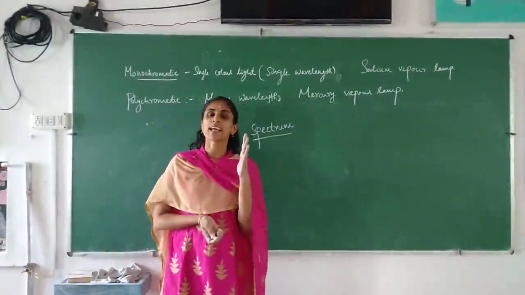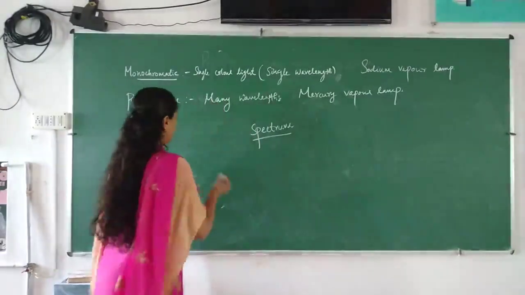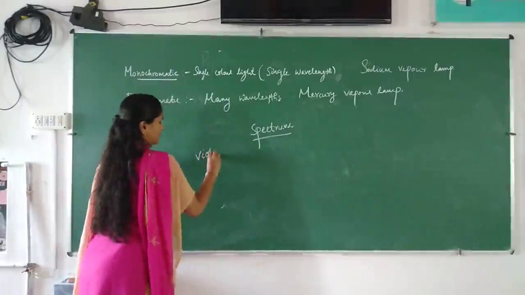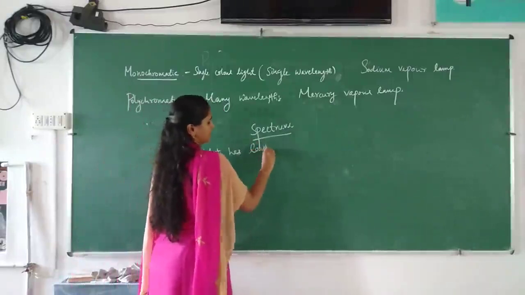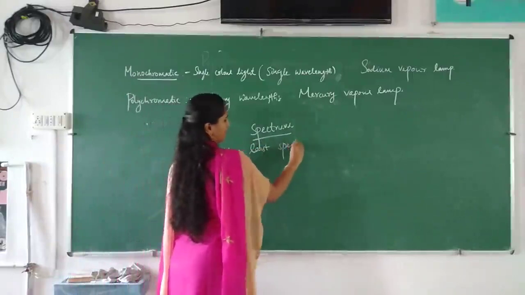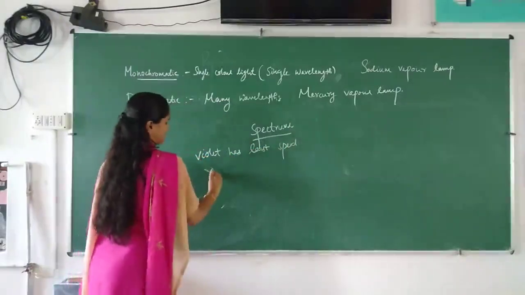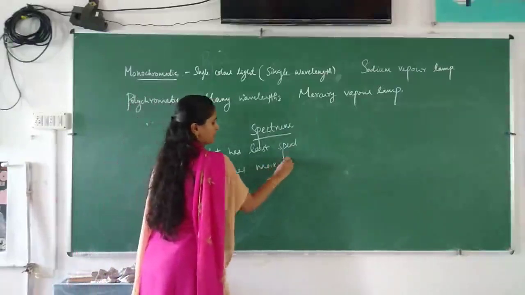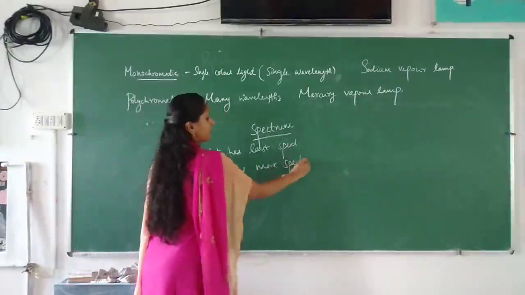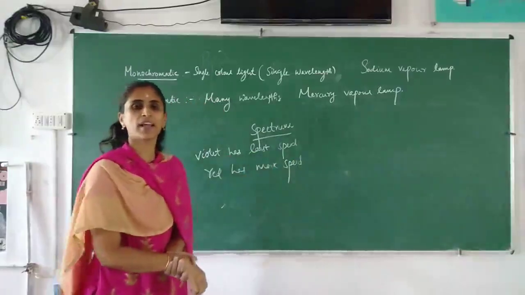Violet has the least wavelength and the least speed, and red has maximum speed.